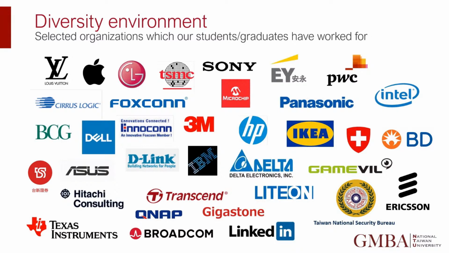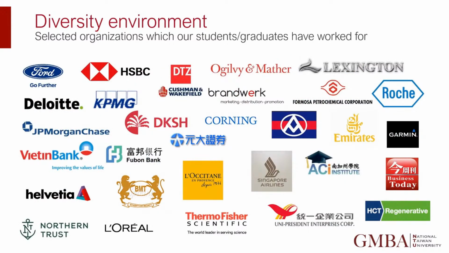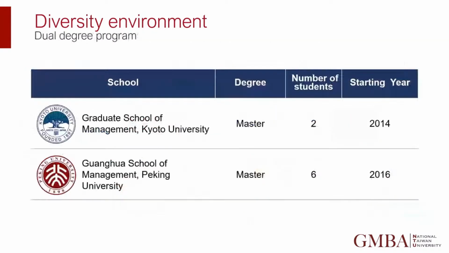These are some of the selected organizations which our students and graduates have worked for. Students may also earn dual degrees or have the opportunity to go abroad as an exchange student through NTU's strategic partnerships with other top universities around the world.